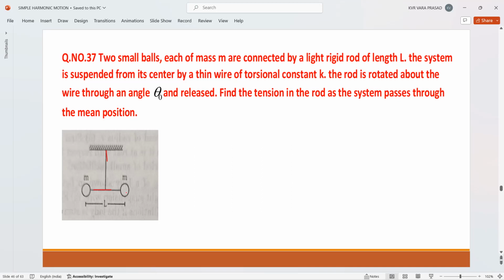And one more thing we have to focus on, motion of the balls is confined to the horizontal plane. That means along the vertical, net force on the balls must be zero, right? Then what we are saying is here, one component of the tension in the rod is balancing.